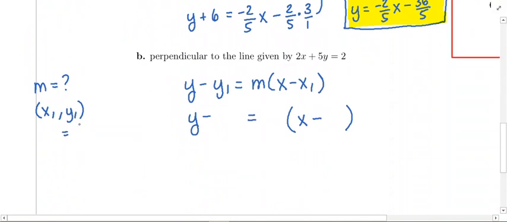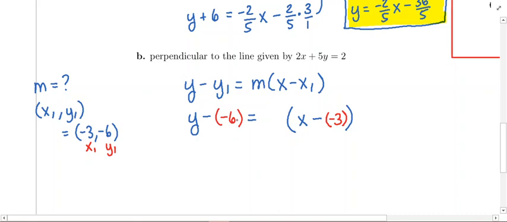So once again, this is going to be our x1, y1. So we can go ahead and plug in. x minus x1 in parentheses is going to be x minus a -3, and then on the left side, y minus y1 will be y minus a -6. So that has not changed from part A.